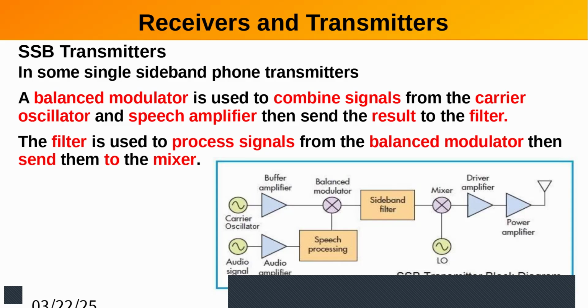Because all you're doing initially is mixing the carrier and your audio or baseband to generate your two sidebands, and then you eliminate a sideband, and you'll have a circuit there to select which one you want, because you have to use different filters. And then you mix it again with the local oscillator to get it up to the transmit frequency that you want, whatever band you're transmitting on.